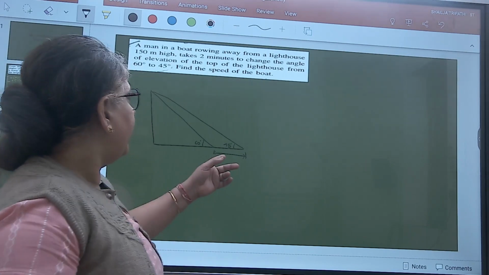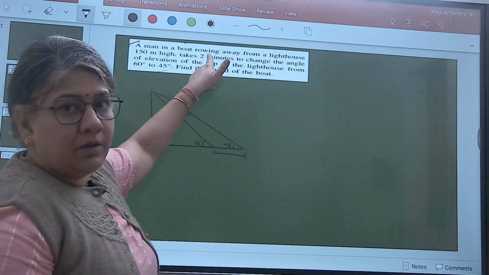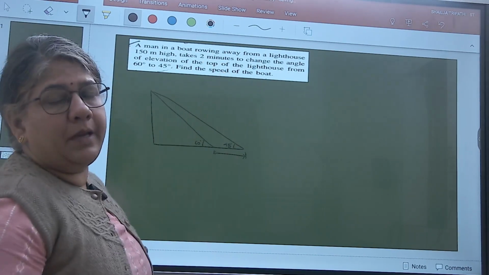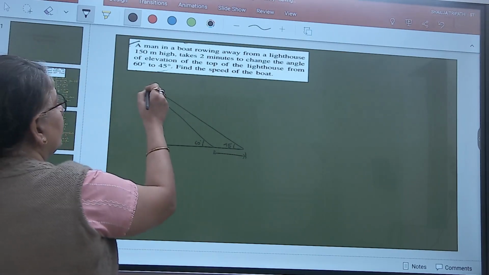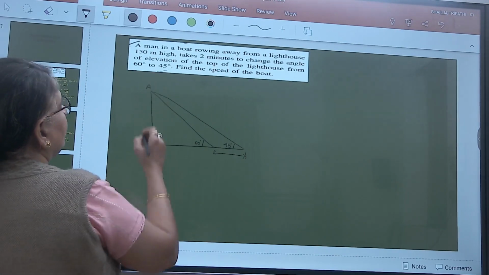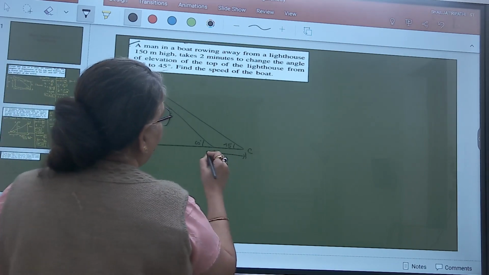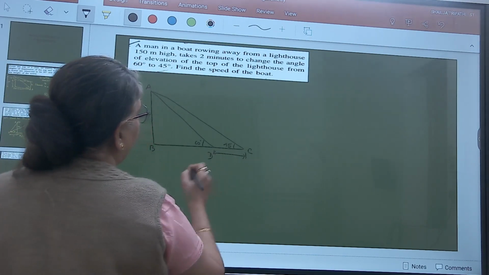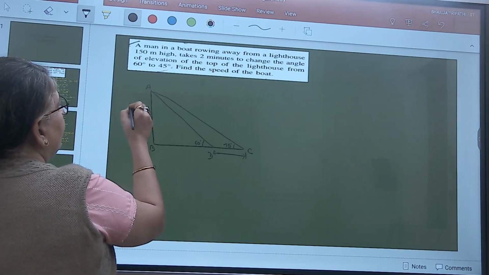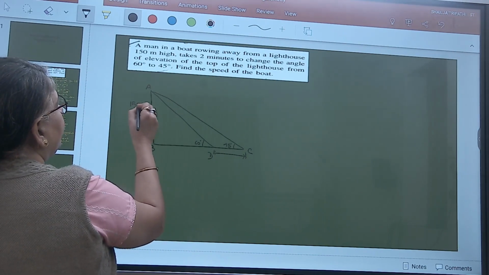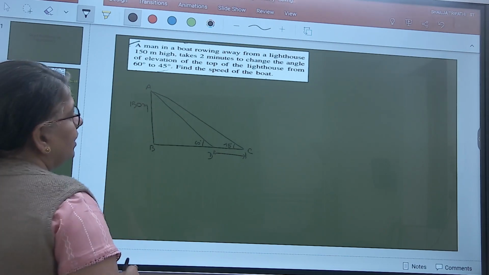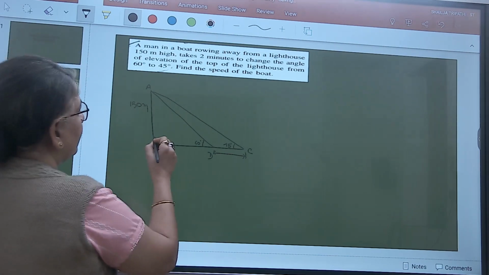So if we find the distance and we have time, so we can find the speed. So let's label the figure A, B, C and D. AB is given 150 meters. So let's solve this question.